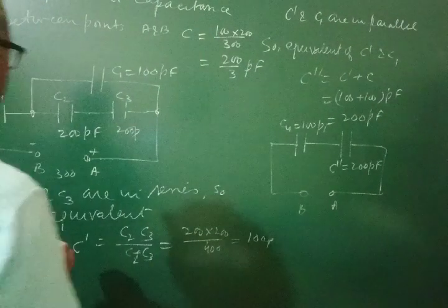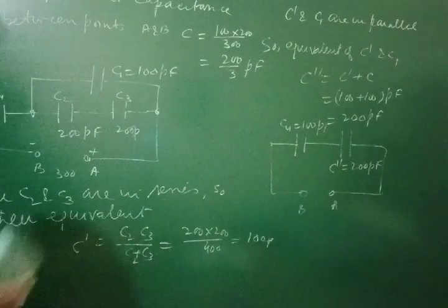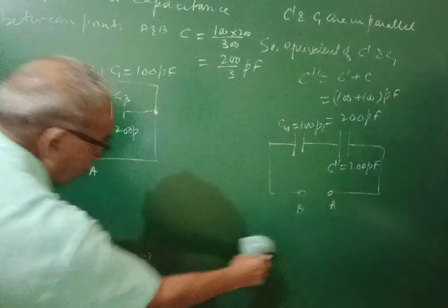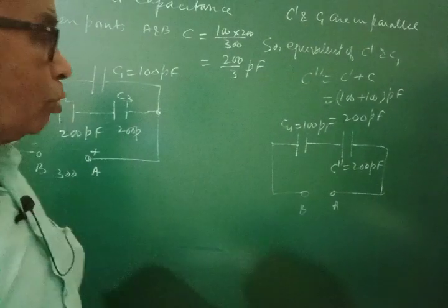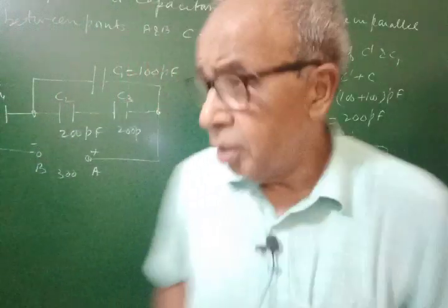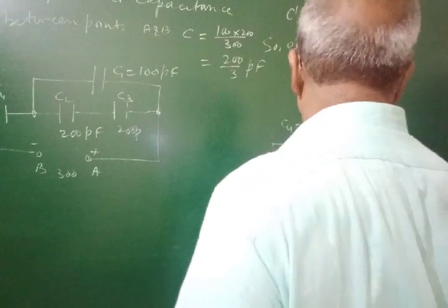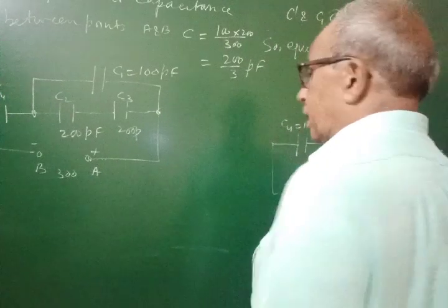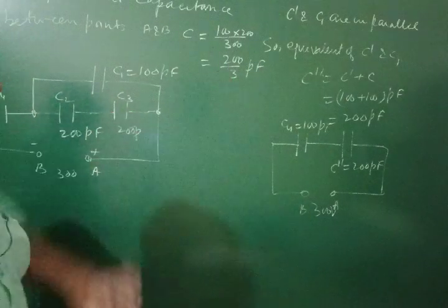Equivalent, is that clear to you? Actually, I am not rubbing this diagram, the reason being we have to find out the charge and potential difference. It is here 300 volt. C4 and C double dash are in series and their equivalent is 200 by 3.